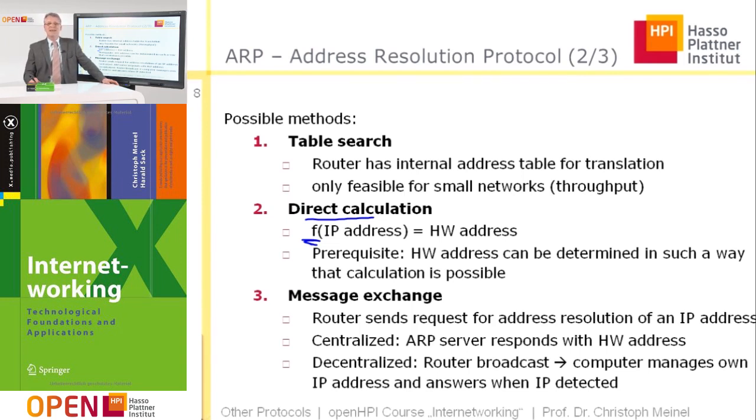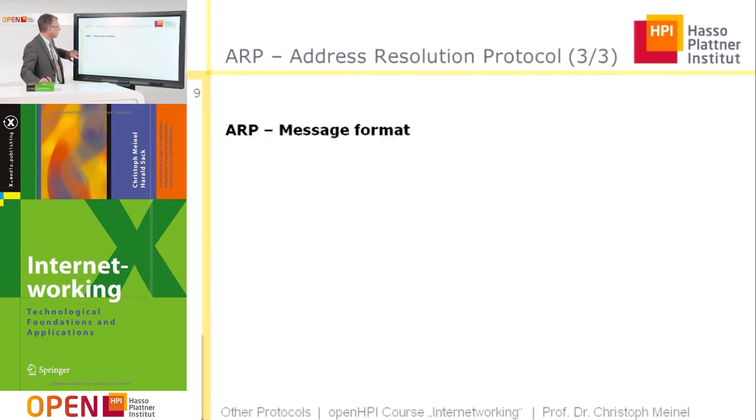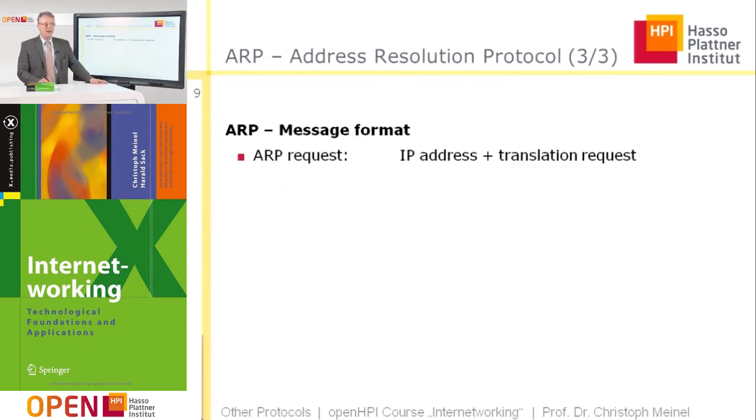And we have the decentralized approach, where the router broadcasts its request to all the computers, and the connected hosts check by themselves whether this is their own IP address, and then they send back as a response to the router their hardware address. So all the work of the ARP protocol is done by exchanging messages.